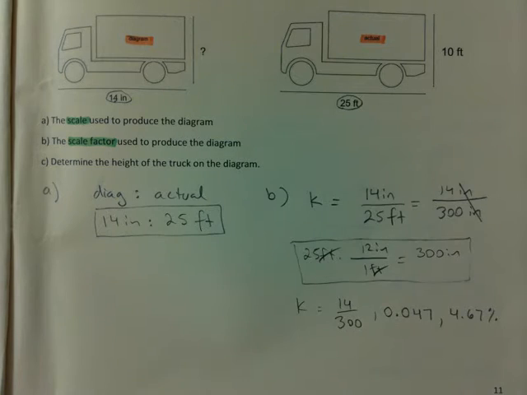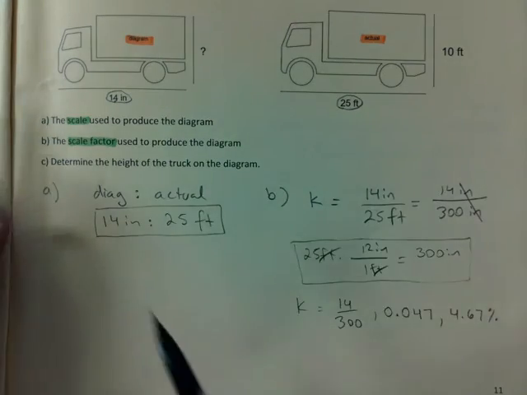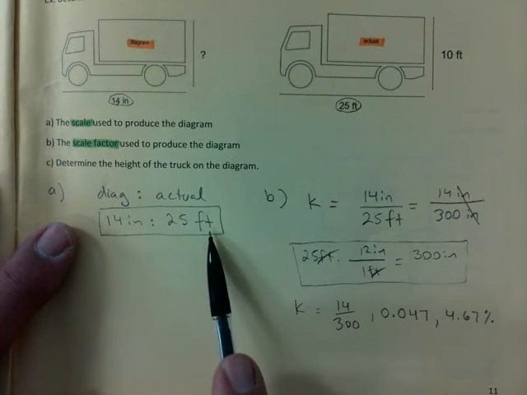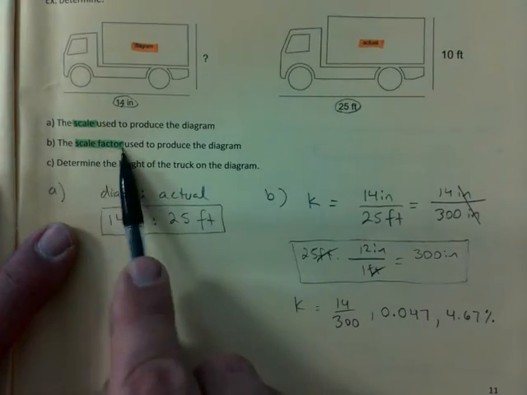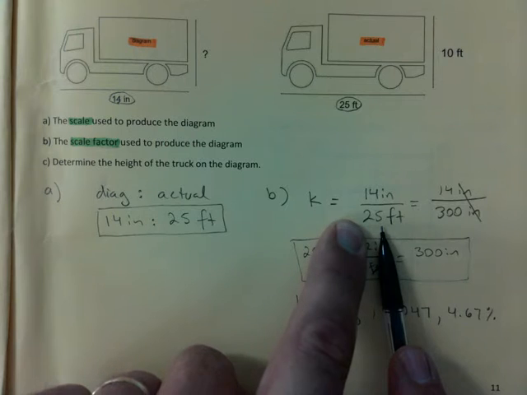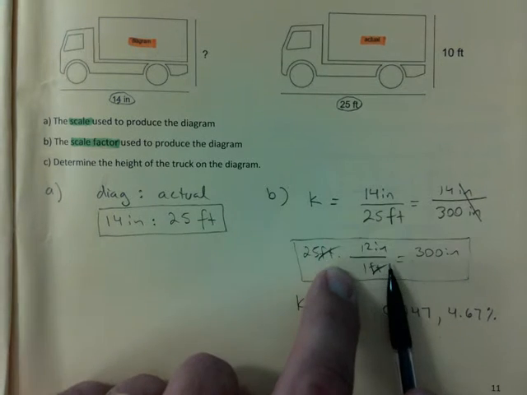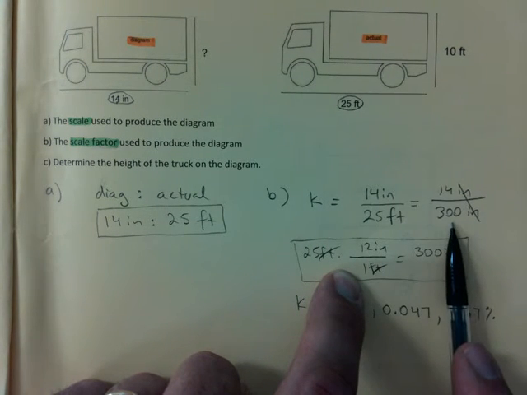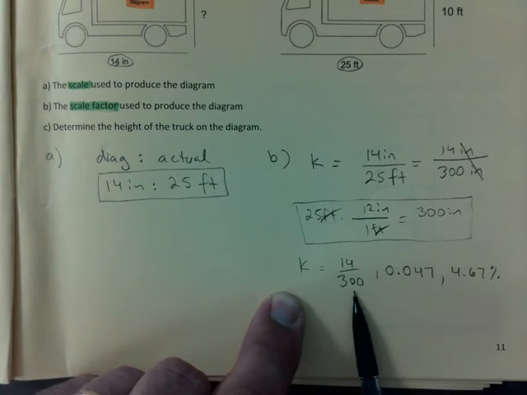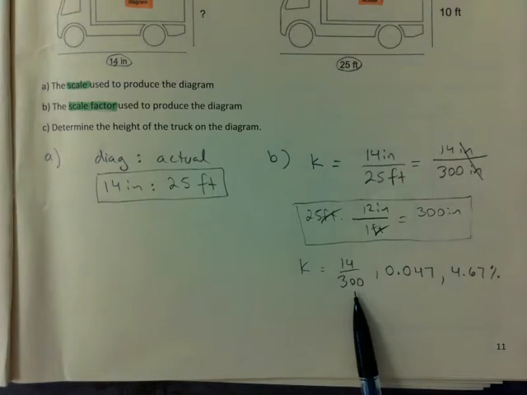When we say similar in math, it means that everything has been affected by the same amount, every dimension, right? So we went from diagram to actual. So the scale we figured out, we were allowed to use different units. The scale factor, however, we basically used our answer here, stacked it as a fraction, then did some conversion, right? Did a conversion here to get everything in inches so that it would cancel out, and then we get our fraction without any units attached to it.